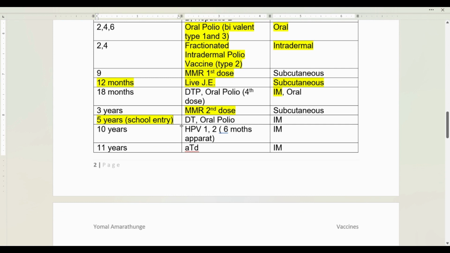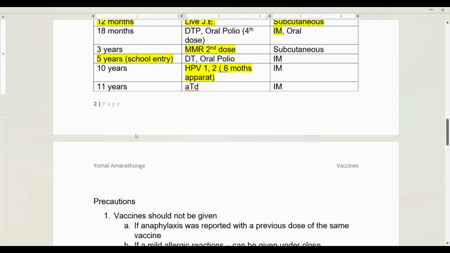At the age of 10, human papillomavirus vaccine doses 1 and 2 are given to girls 6 months apart, and at the age of 11 years, adult tetanus toxoid vaccine is given.